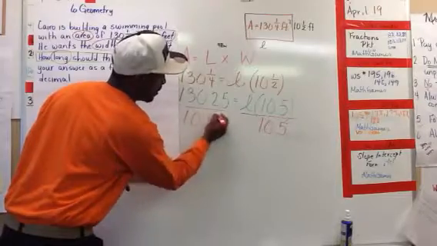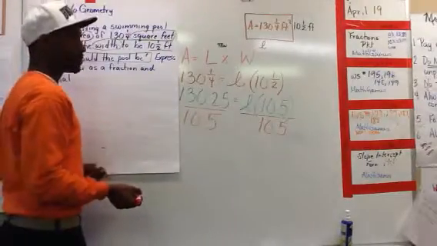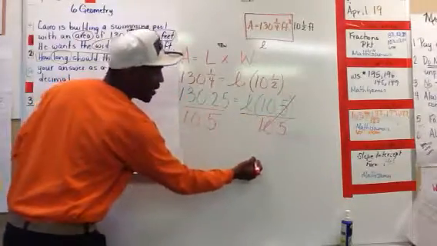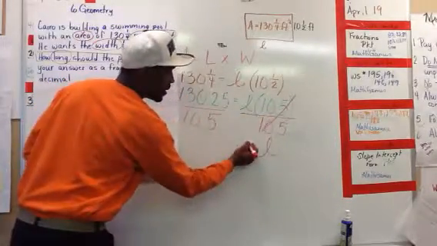Somebody punch this in the calculator. Now, when I do that, these cross out. I'm left with L on this side of the equal sign.